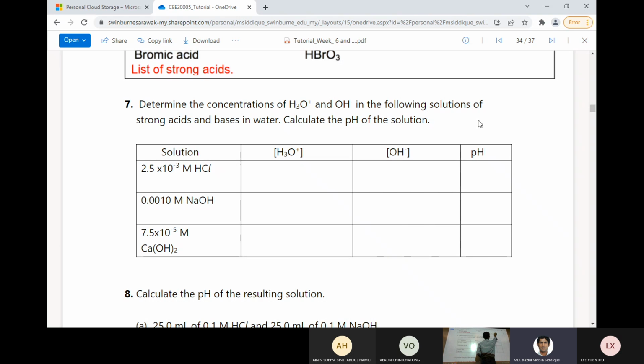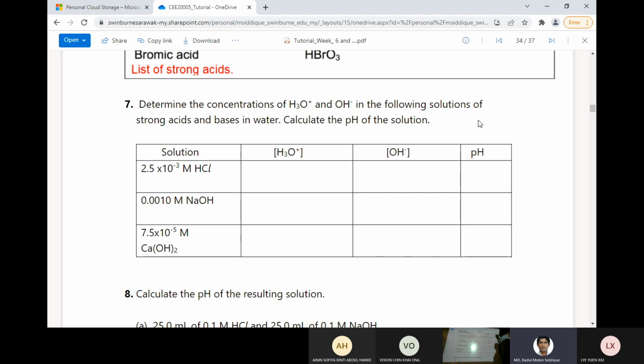It is dissociated. Sodium and hydroxyl is produced, and we are trying to find out the concentration of hydroxyl ion and hydronium ion, because this is in the presence of water, right? When sodium hydroxide goes into the water, water is being dissociated as well.